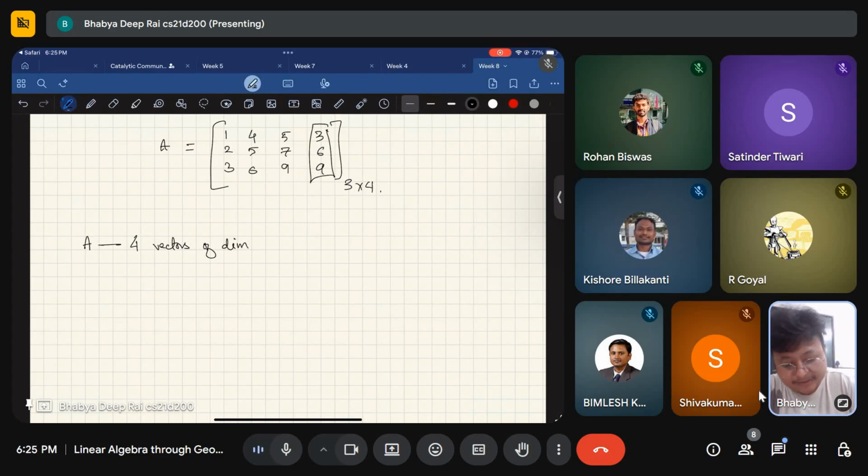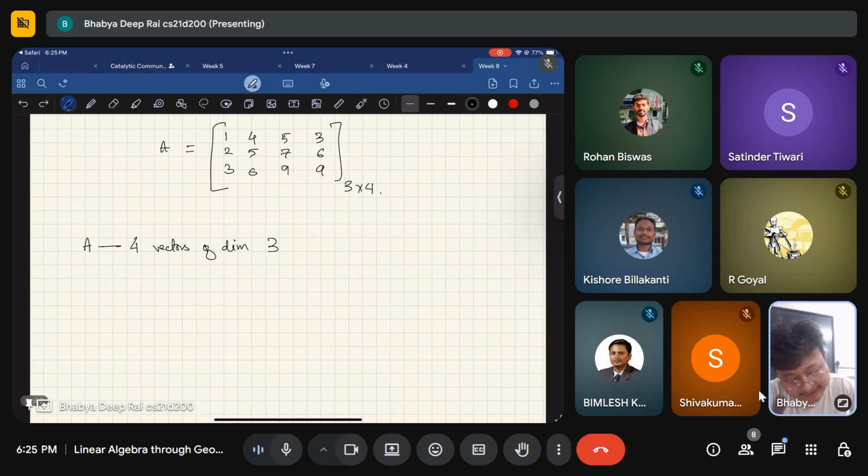Each of these vectors is of dimension 3. Now they have a certain span. Now I look at the span of these four column vectors.